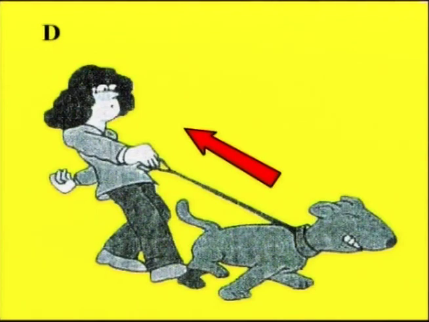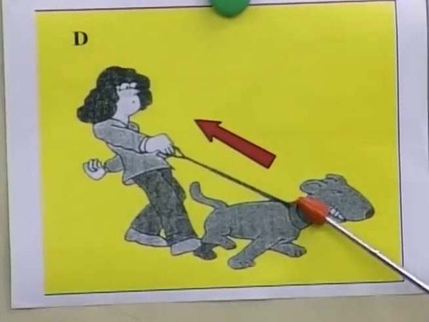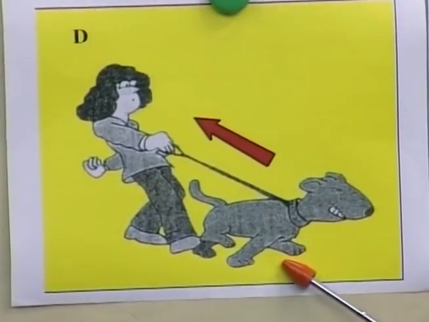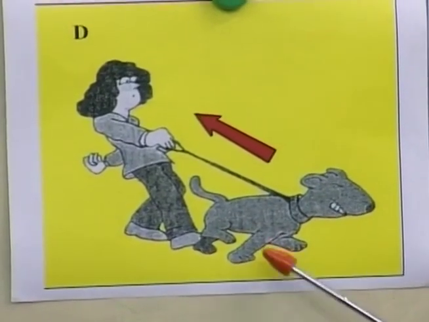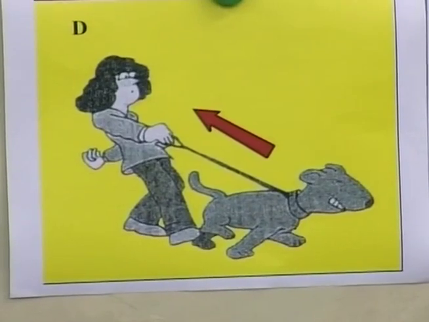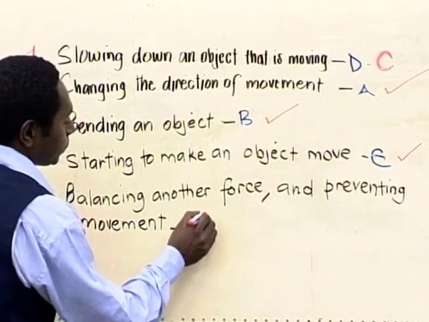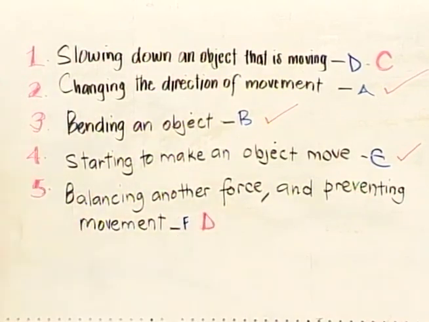Okay, you can see that this girl is balancing another force, which is from the dog, and is preventing movement. So your correct answer would be picture D.